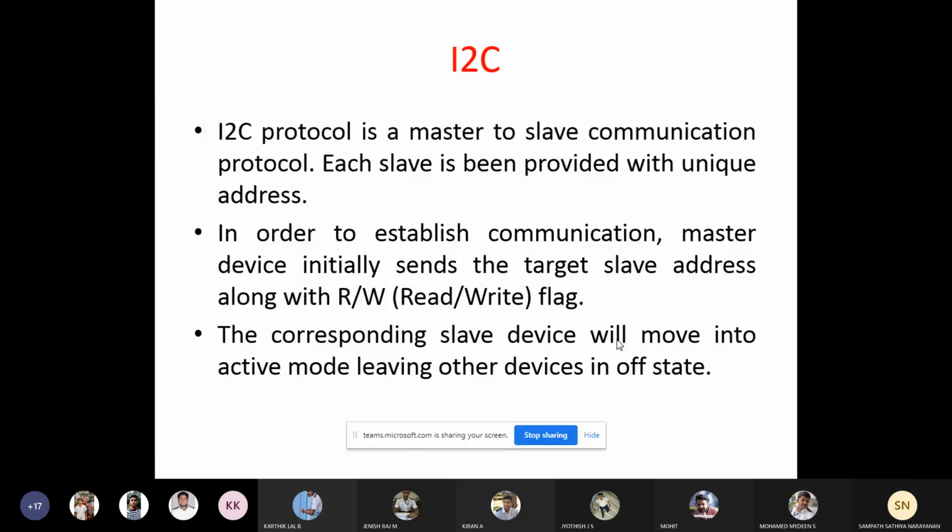And once the slave address is identified to which slave address it is being transmitted, the particular slave device will move into active mode, and so it is ready to receive the signal.